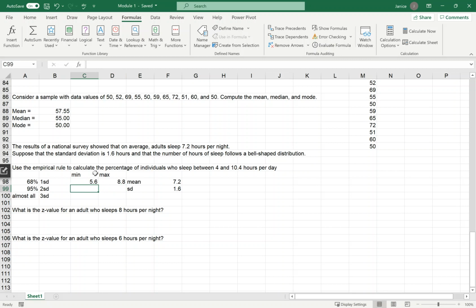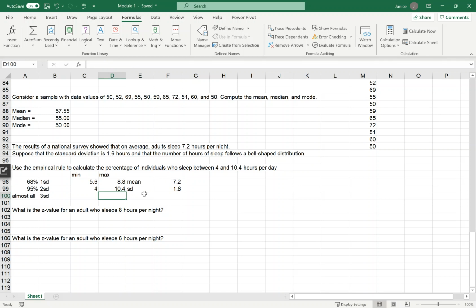So let's try 2 standard deviations. Oops, back up. Let me look. Okay, hold on. This equals the mean minus 2 times the standard deviation, and this will equal the mean plus 2 times the standard deviation.